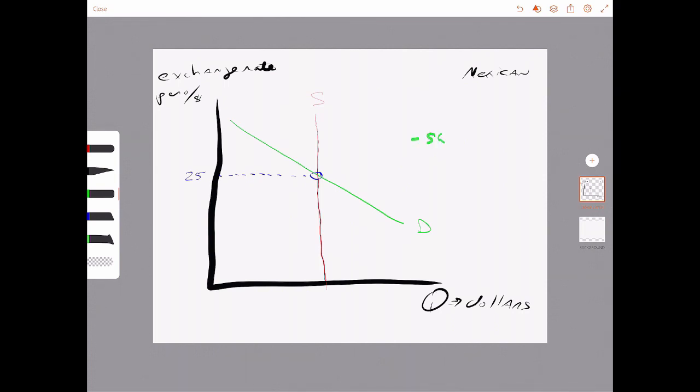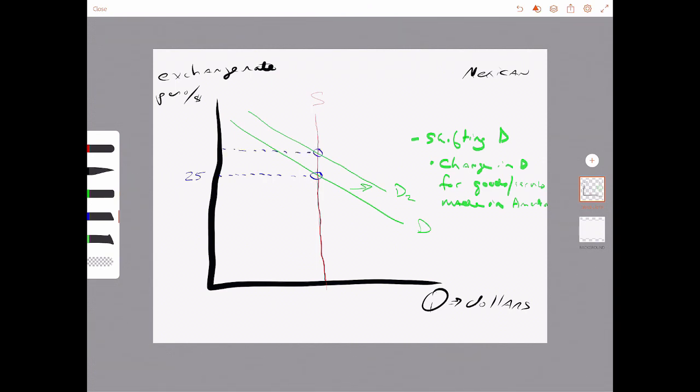So, shifting demand means that there's a change in demand for goods or services made in America. Since we're comparing pesos to dollars, if the price of pesos per dollar goes up, that means there's an increase in demand for the things that are made in America.